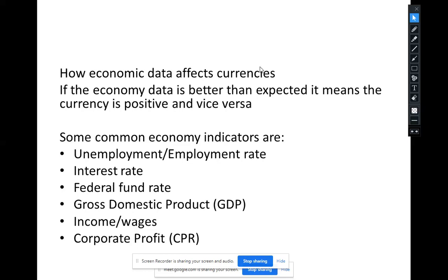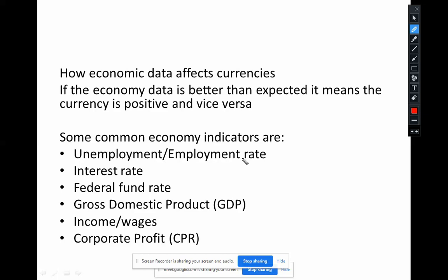If the economic data is better than expected, it means the currency is positive, and vice versa. That means if it is not better than expected, it's negative. This is what I mean.